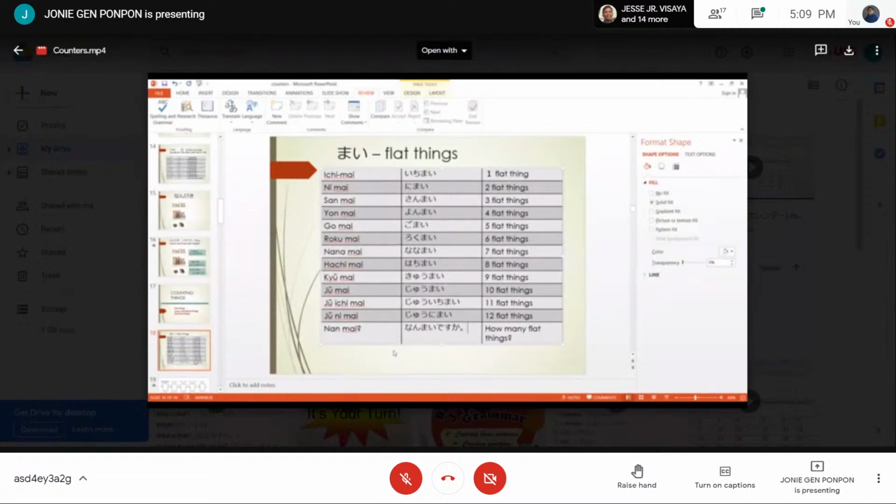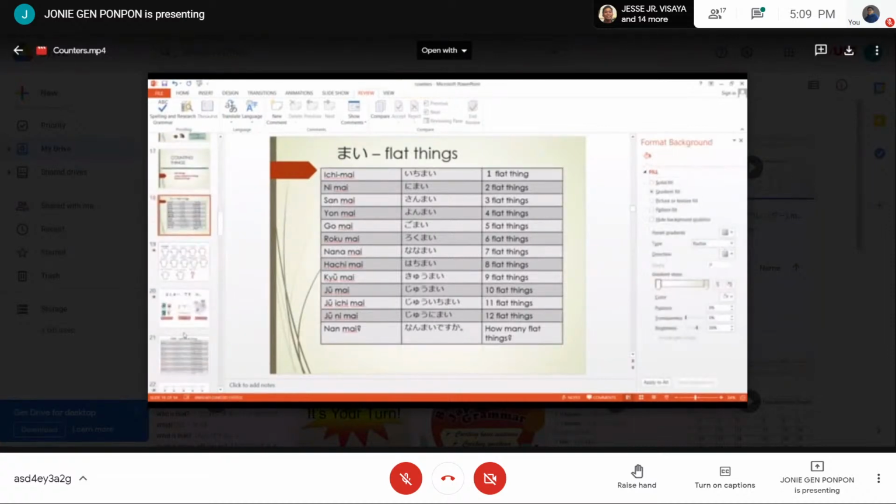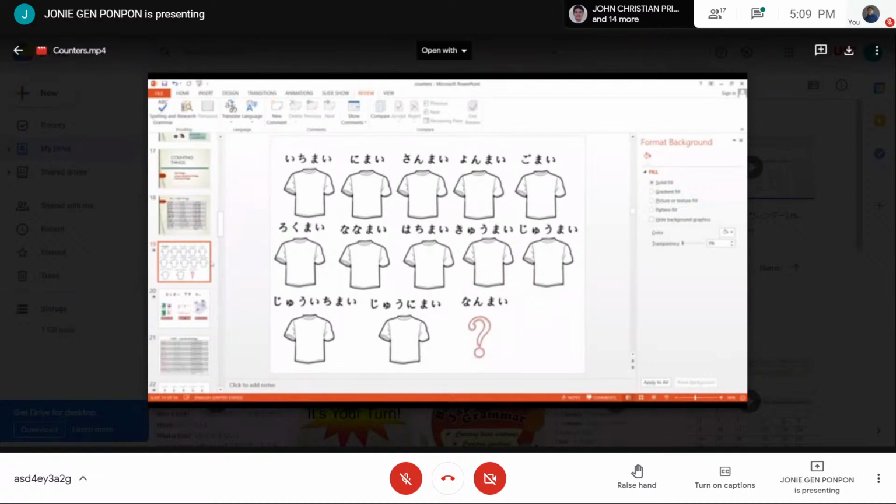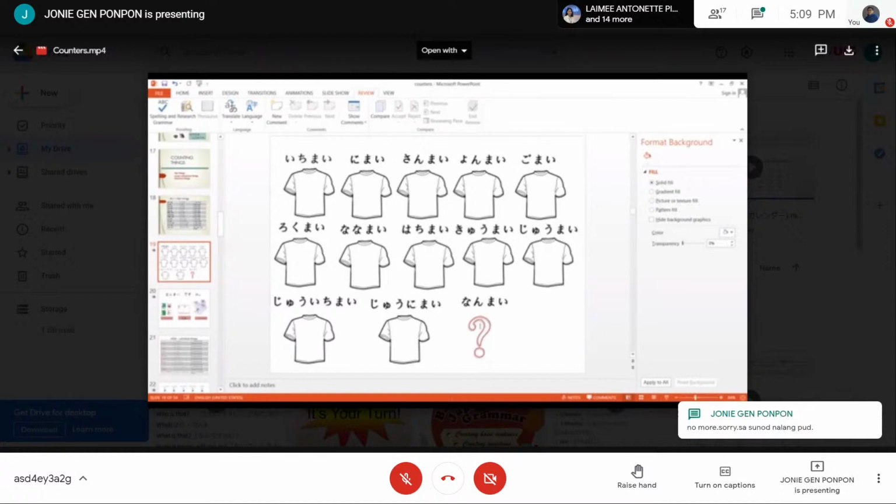It's the same here: 1枚, 2枚, 3枚, 4枚, 5枚, 6枚, 7枚, 8枚, 9枚, 10枚, 11枚, 12枚. And if you ask how many pieces of a flat object, nanmai desu ka or nanmai arimasu ka. You can't use imasu ka here, because flat objects are non-living things.